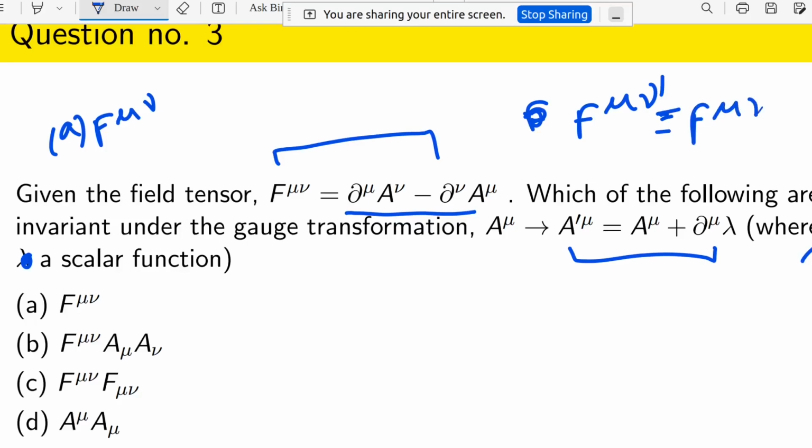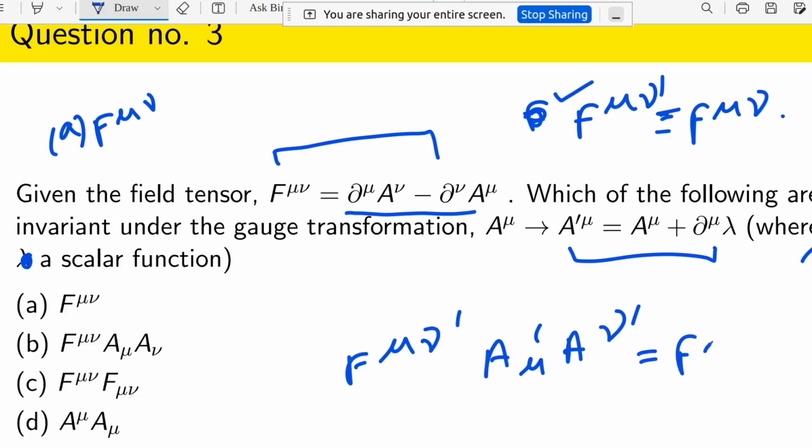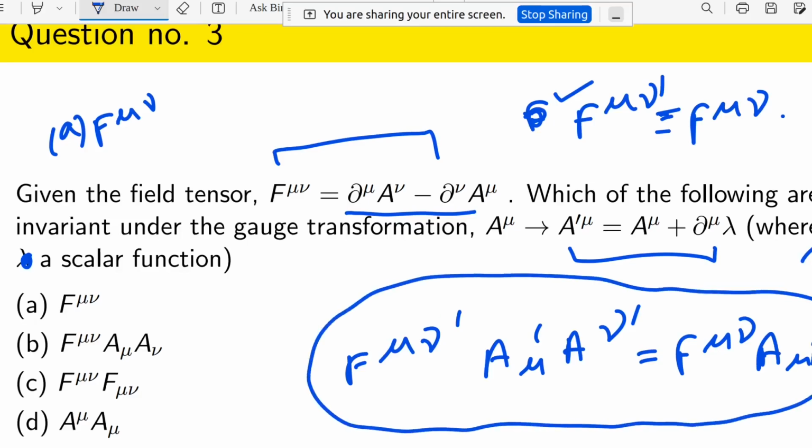If it is F mu nu again, then we can say that F mu nu is invariant under gauge transformation if this condition is satisfied. Similarly, for this one also, if this condition is satisfied, then we can say that this term is gauge invariant under gauge transformation.